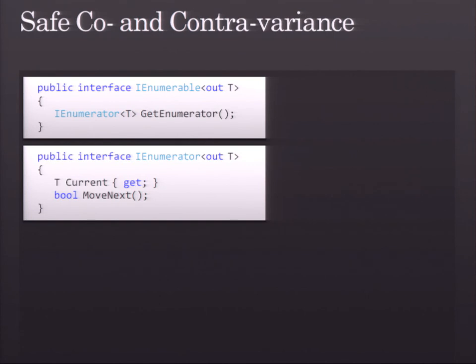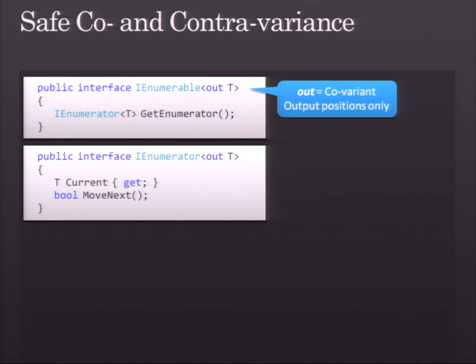And this out modifier restricts T to only occur in output positions in the declaration of the interface. So when a type parameter is marked with out, it can only occur in result positions or output positions, so to speak, in an interface.